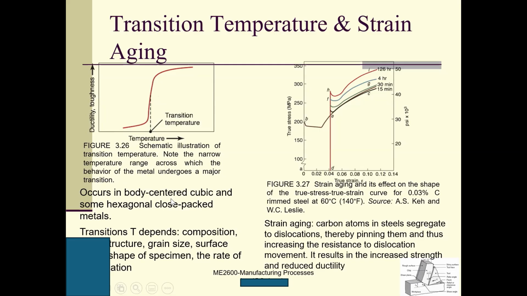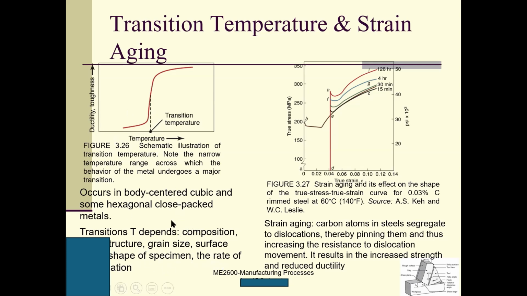This occurs in body-centered cubic and some hexagonal close-packed metals. This is the transition temperature at which the ductility changes substantially, and it is dependent upon the composition of your material, microstructure, grain size, surface strain, shape of the specimen, and the rate of deformation.